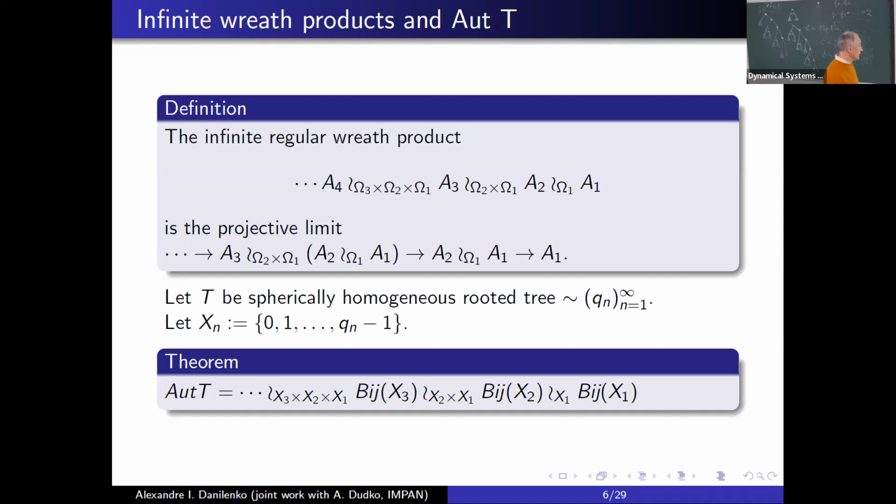Then we can produce the infinite wreath product: the group of bijections of X_1, wreath the bijections on X_2, bijections on X_3, and so on. It's easy to show that this product is exactly the group of automorphisms of T.